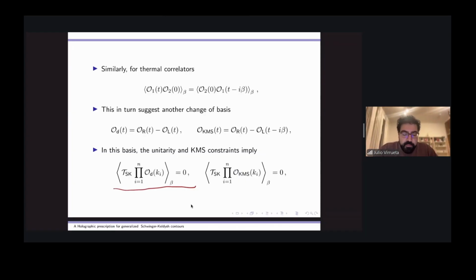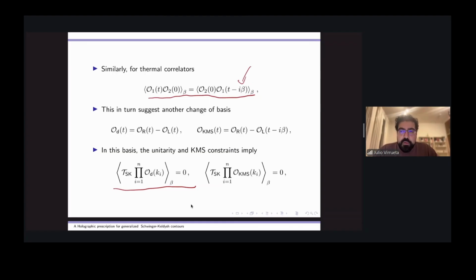Similarly, the property of a thermal correlator, which is KMS, is that I can permute operators paying the price that I need to do an evolution across the Euclidean circle. This just follows from the cyclicity of the trace and the invertibility of the thermal density matrix.